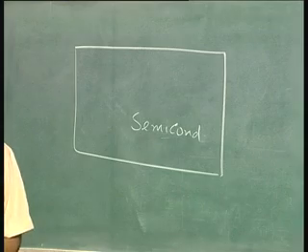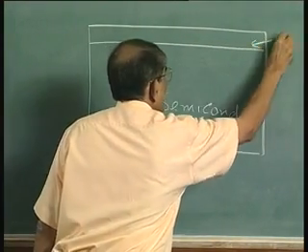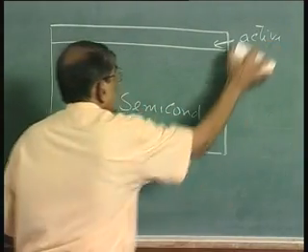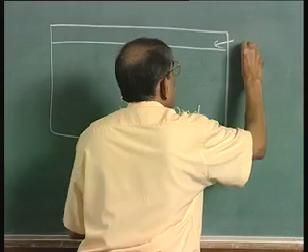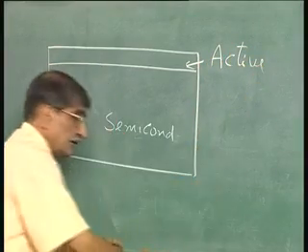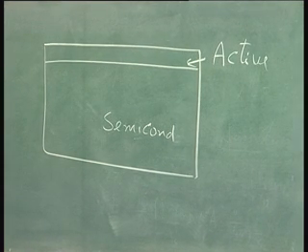What is active is only a top layer, that is the active layer. Whether you talk of MOSFET, JFET, bipolar transistor, the active layer is very thin.